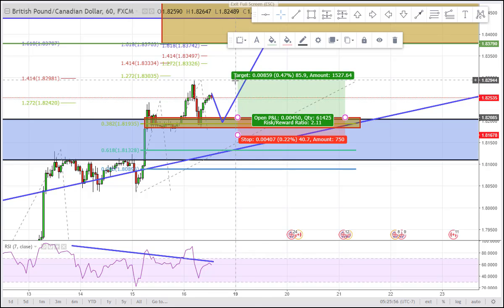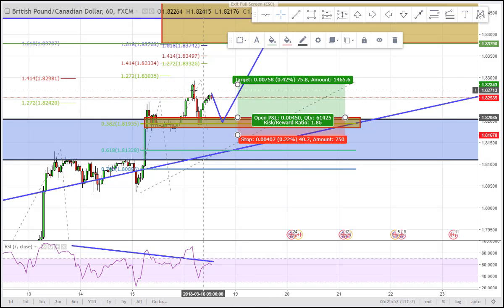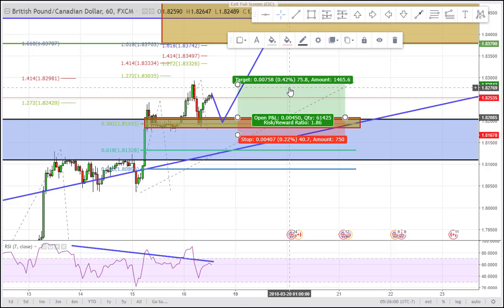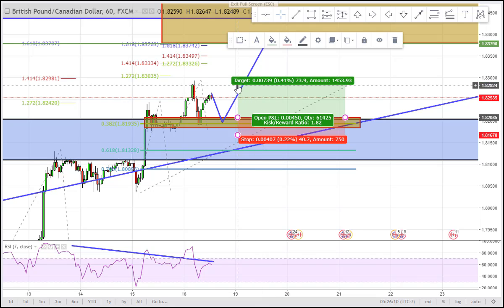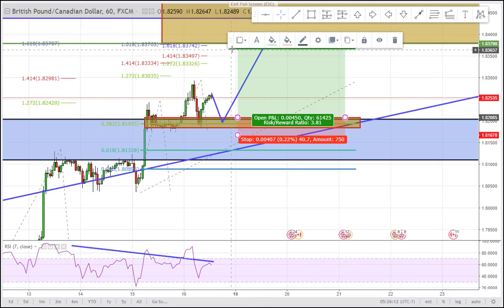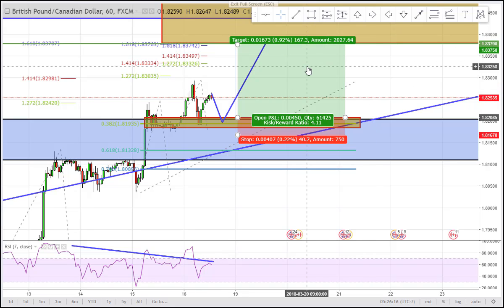And for the first take profit, you could be looking at a retest of structure back at this area, where this could be a trade of a risk of 40 pips for a total take profit of 75 pips. And if you're looking for extended targets, you could be looking back at this 1618 cluster, where in total you could be looking at another additional 167 pips.